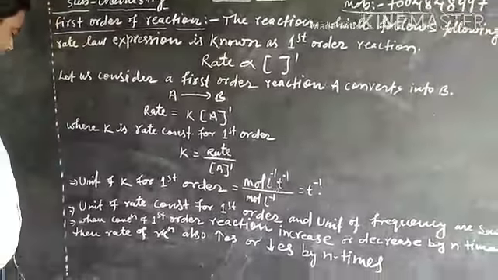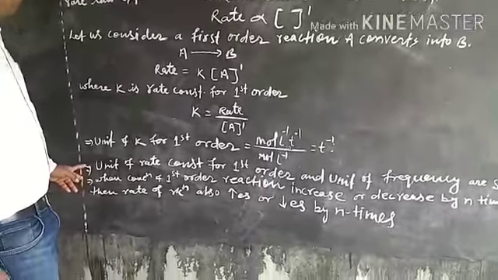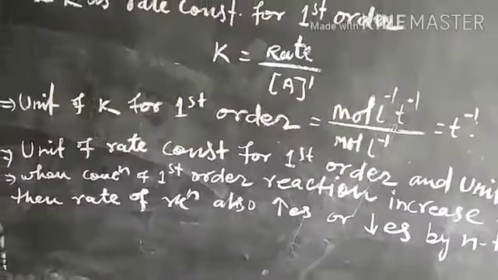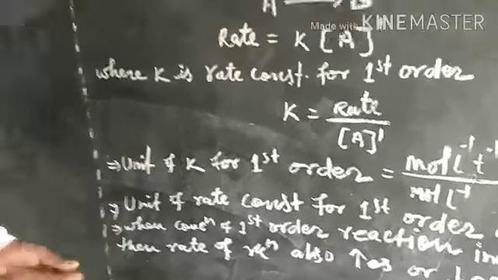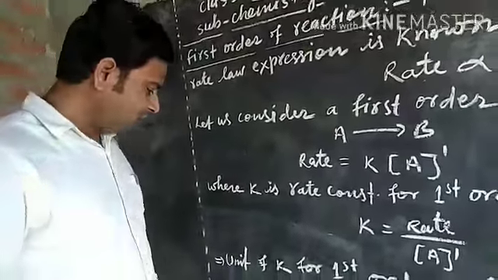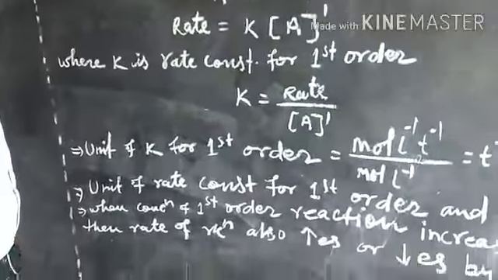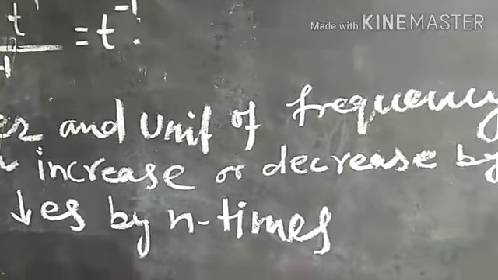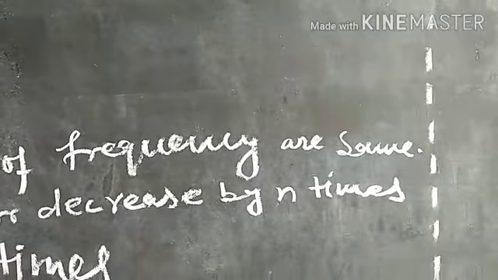This is a very important point for this chapter. Most of the time objective questions come from this point, so you must keep these points in mind. The unit of rate constant for first order and the unit of frequency are the same.